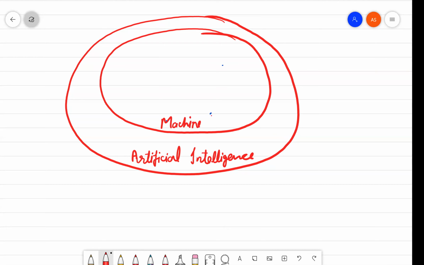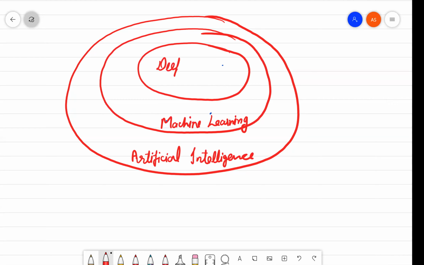Artificial intelligence is a broad term, and the machine learning topic comes under artificial intelligence. And deep learning is a subset of machine learning. So this is a Venn diagram to show the relationship among various terms.